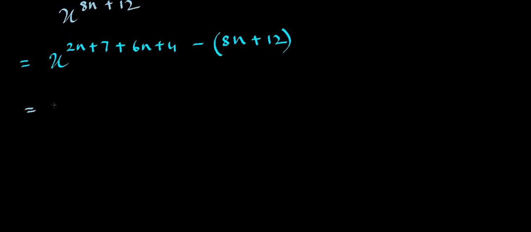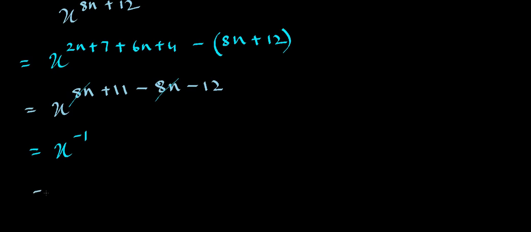That's equal to x raised to 2n plus 6n is 8n, 7 plus 4 is plus 11, minus 8n minus 12. So that's equal to x raised to 8n minus 8n, which is nothing, and plus 11 minus 12 is minus 1. So this we can write as a positive index as 1 upon x raised to 1.